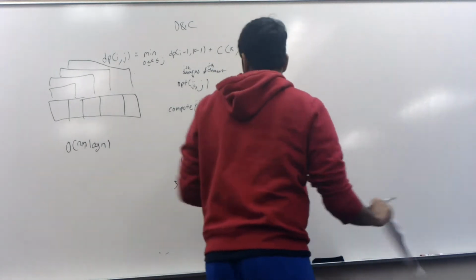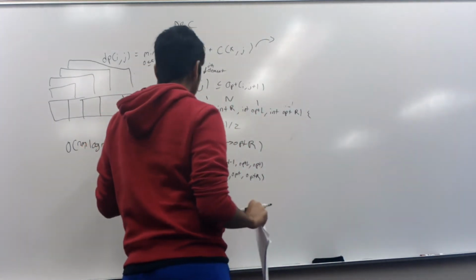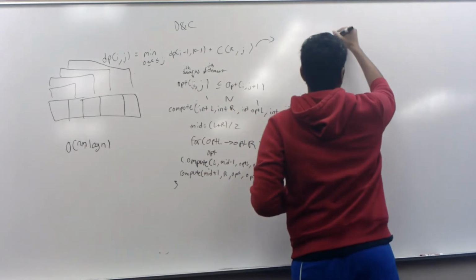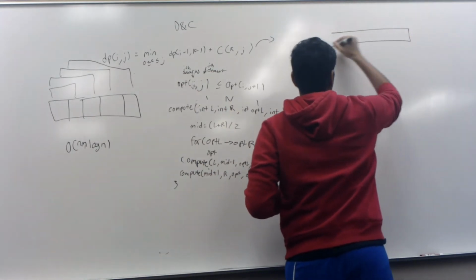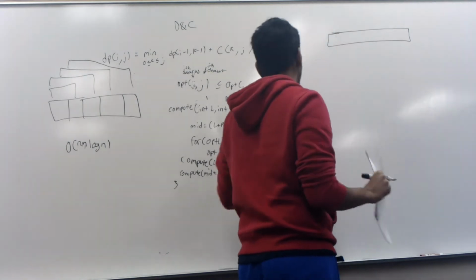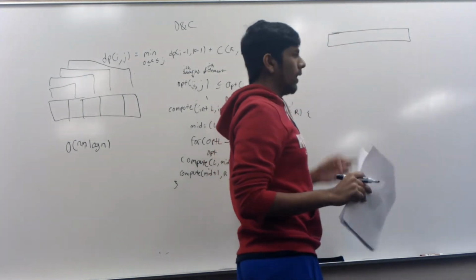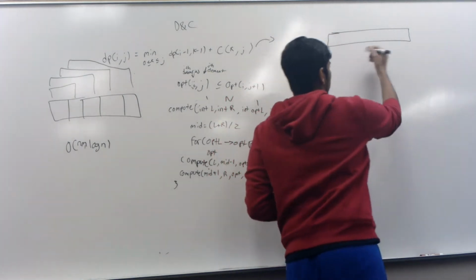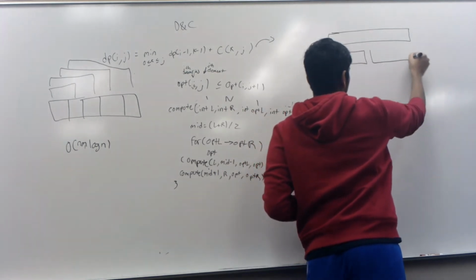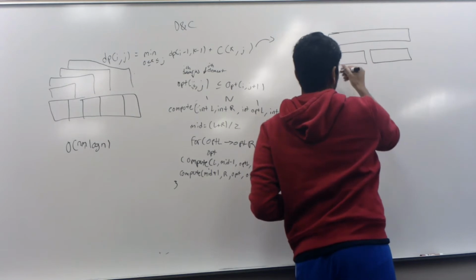So it's not immediately obvious why this reduces it to n log n. So assume we have our array. Let's just say in a perfect world our splitting point is in the middle every time. So we get our mid, and then we subdivide into 2 ranges, and then we subdivide again.